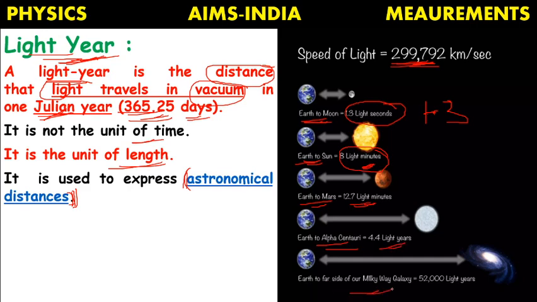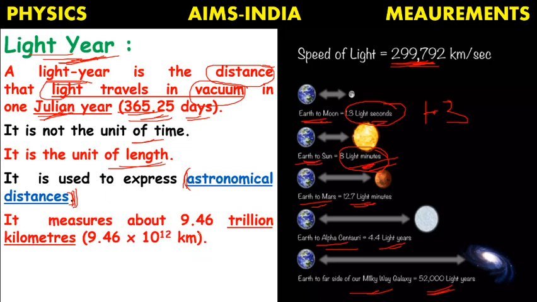Earth to Milky Way galaxy, 52,000 light years. So like that, for measuring astronomical distances, we make use of units called light years. The light second and the light minute can be derived from the light year.